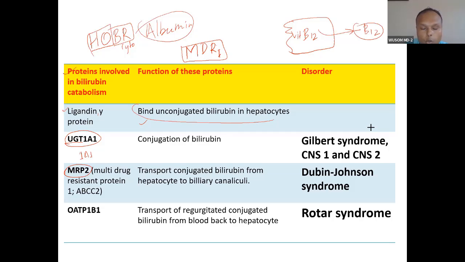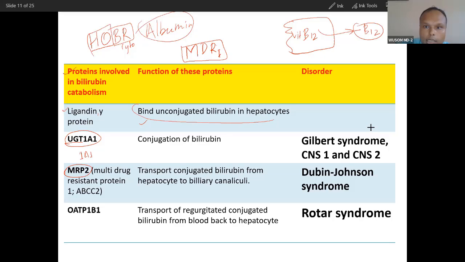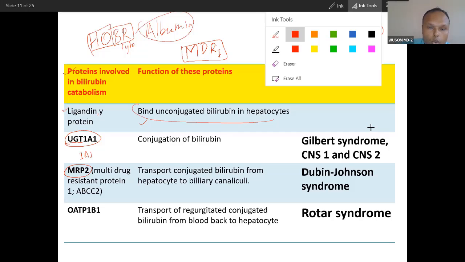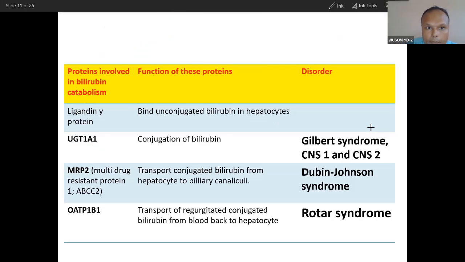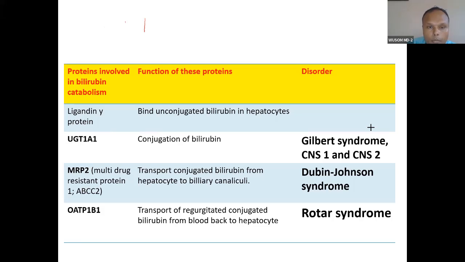Do you remember this protein? Yes, sir, I told you in the last class. So these two proteins: this one is multidrug resistance protein, MDR, and this is also multidrug resistance-associated protein 2.